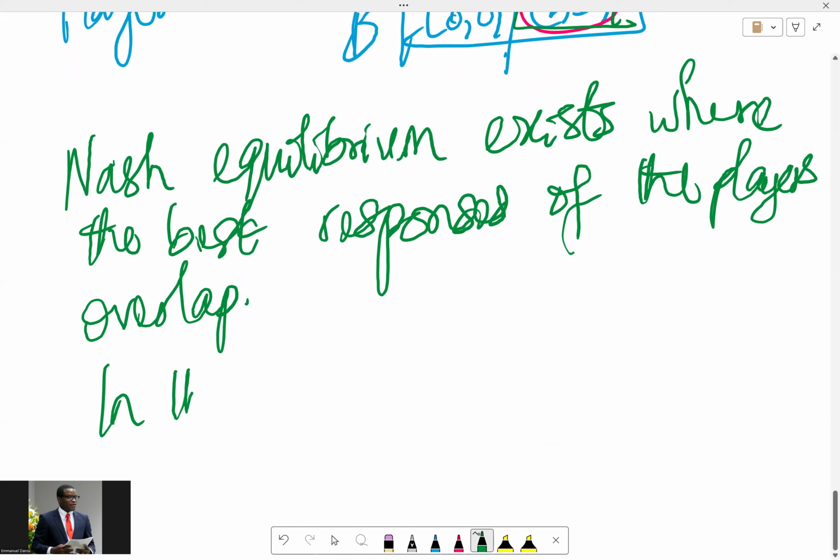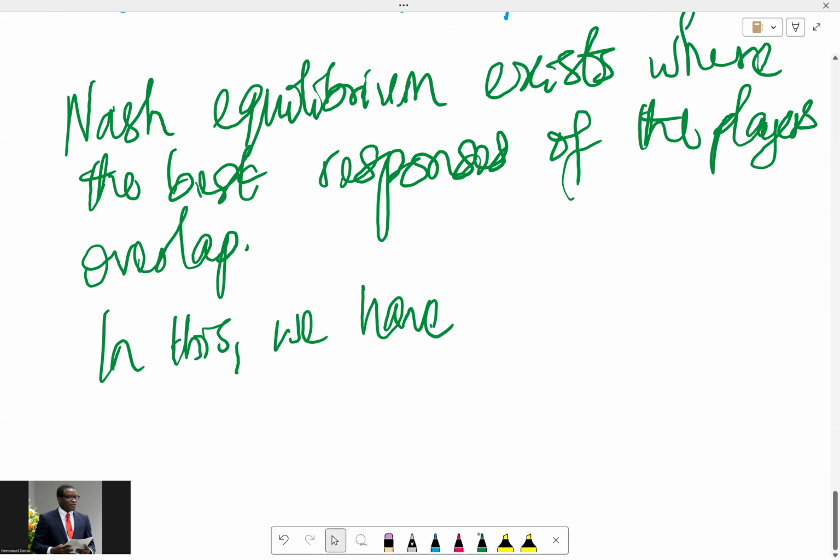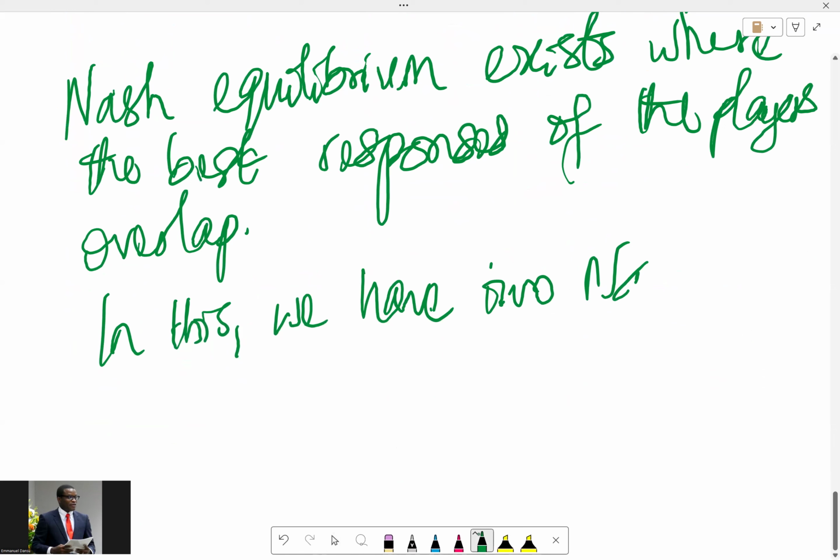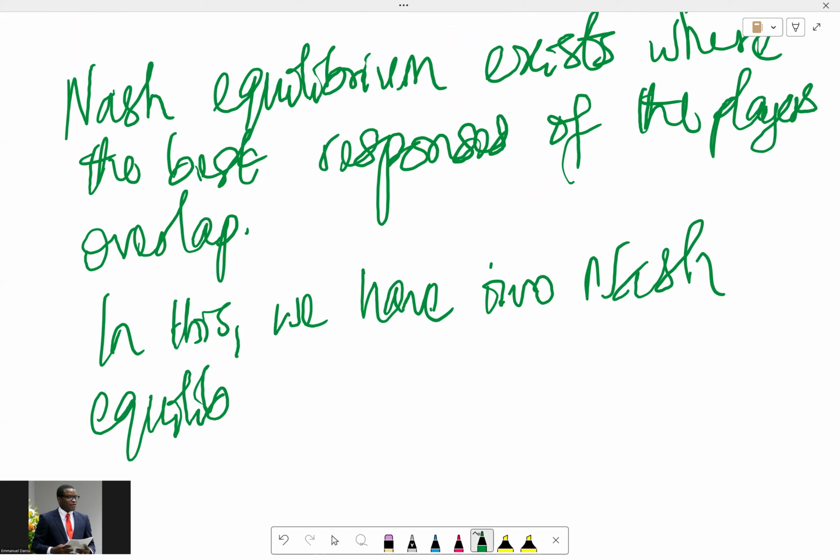In this case, we have two Nash equilibria.